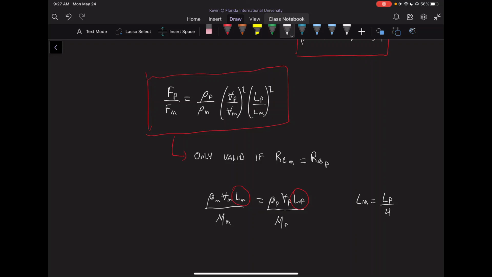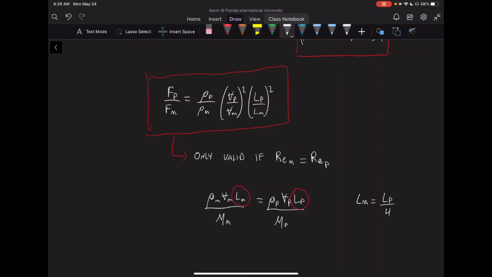So if it's a quarter of the size and we need to have a correct experiment for modeling how the prototype works, we now need to make Reynolds of model equal to Reynolds of prototype. So how can we do that? Well, we can play with the viscosity, we can play with the density.